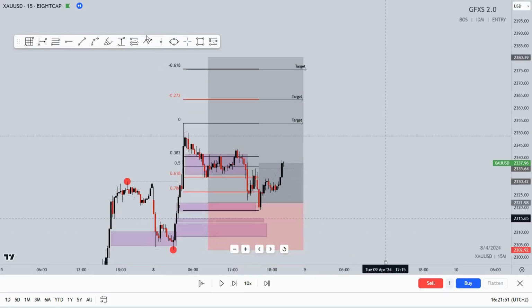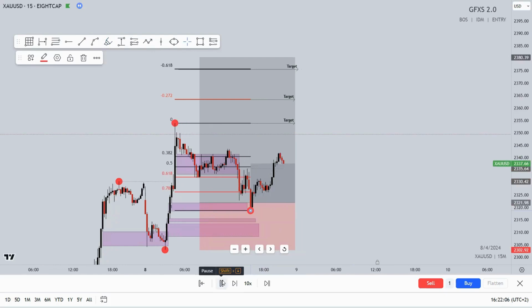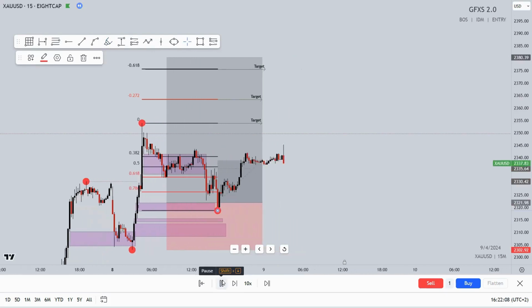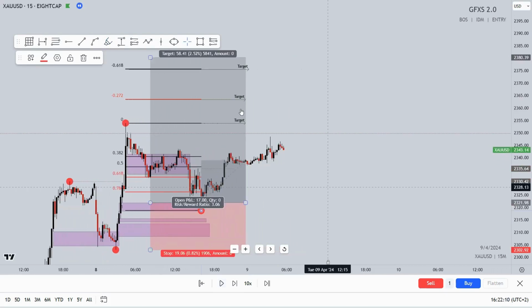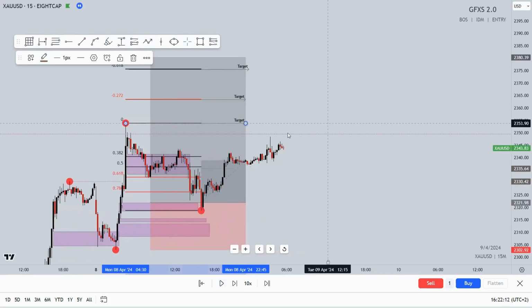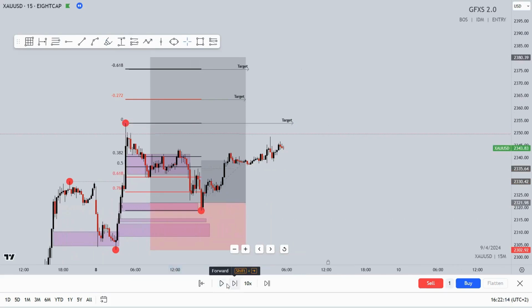So now we can see that we're having this first upside target, and then this is a confirmed low because we have taken this high. We have shifted the structure. So let's hit play and see how this goes. And then you do not go break even until your first target is taken.